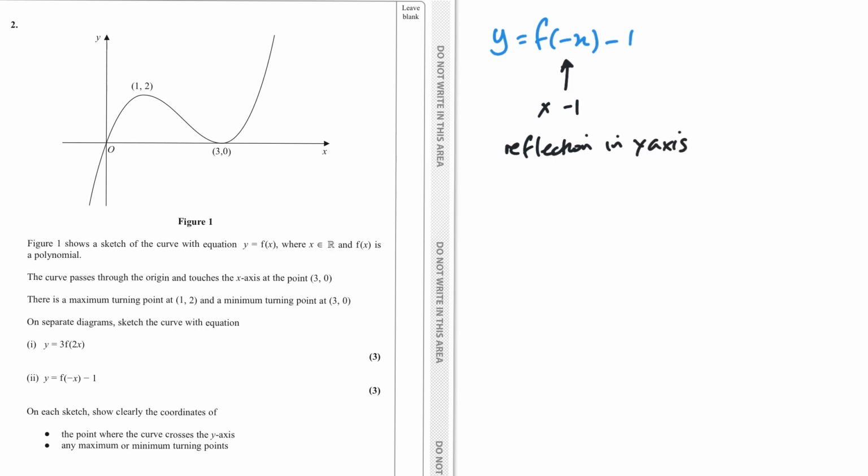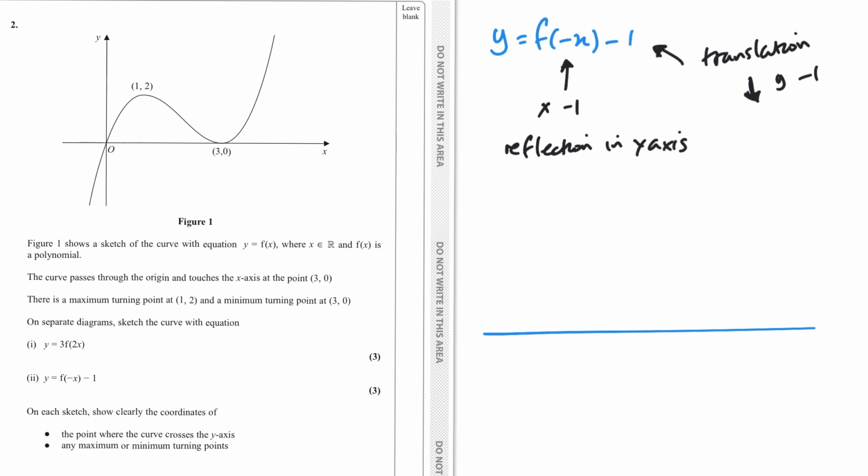Because if you multiply all the x values by minus 1, the positive x values become negative, and any negative x values become positive. After that, we also need to look at this minus 1. This is going to be a translation, a movement, and it's in the y direction by minus 1, so we're moving it down in the y direction.